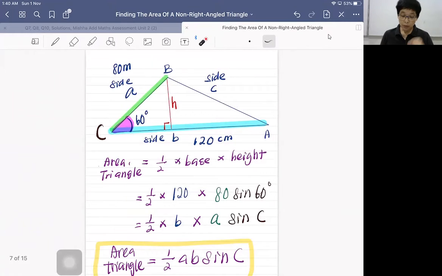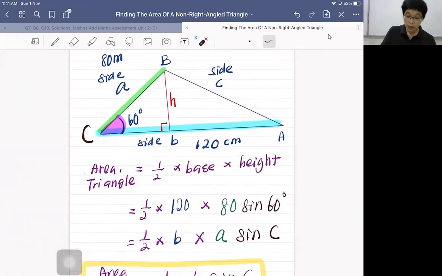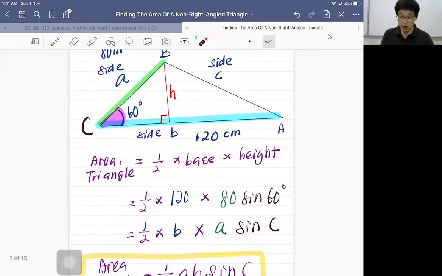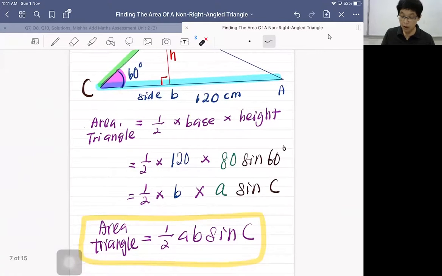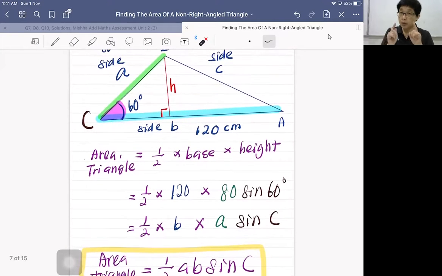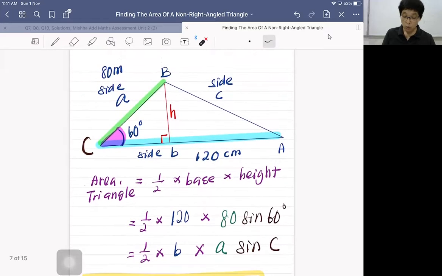Here we go. If we look back at this triangle, we have half times base. Obviously, AC is the base, and the height has now been defined as 80 times sine 60. But in order to put this into a formula, let's recognize what each of these are. This is not cm, this is supposed to be in meters.